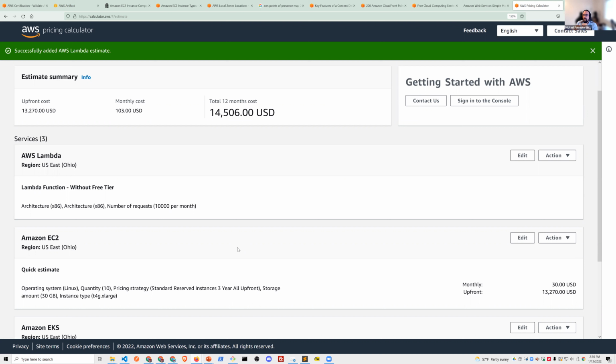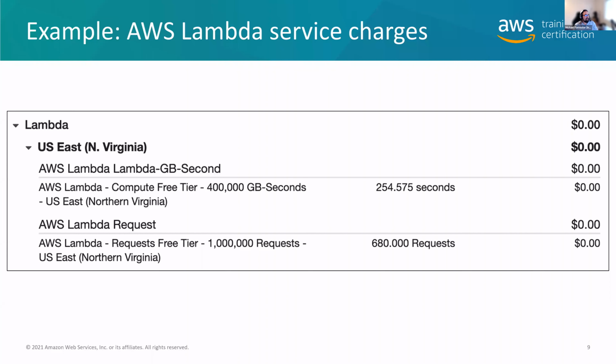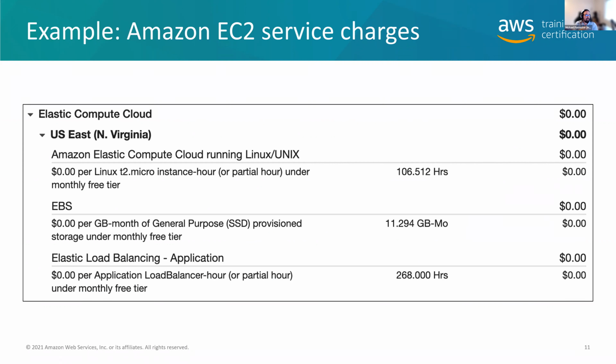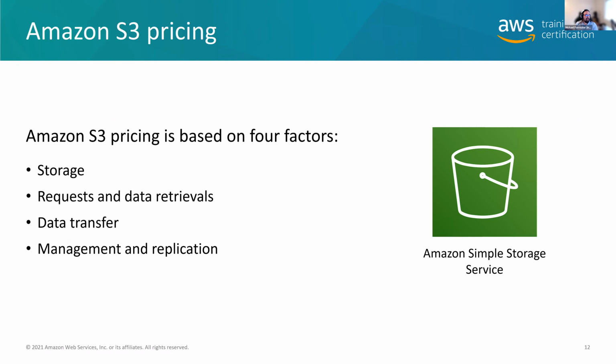So be aware that the console calculator will teach you how to do things like Lambda pricing, EC2 pricing, which is going to charge you for the capacity that you ask for, right? It's going to show up under different service charges, such as the instance hour, the amount of storage that you've used, that kind of thing. S3 is going to have the same thing.